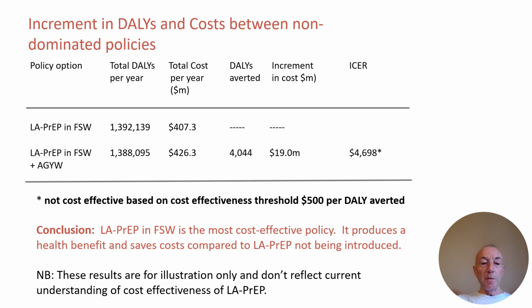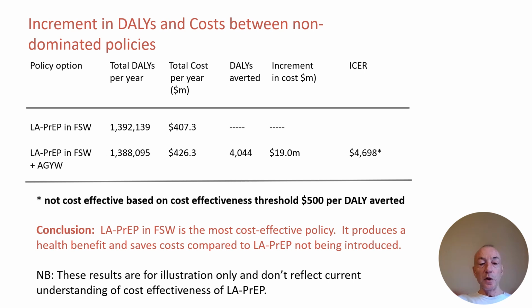So when we're comparing the addition of PrEP, we're already sure that PrEP for female sex workers is preferable to not providing LA PrEP at all. But what about the additional provision to adolescent girls and young women? Our ISA, if you recall, was over $4,000.